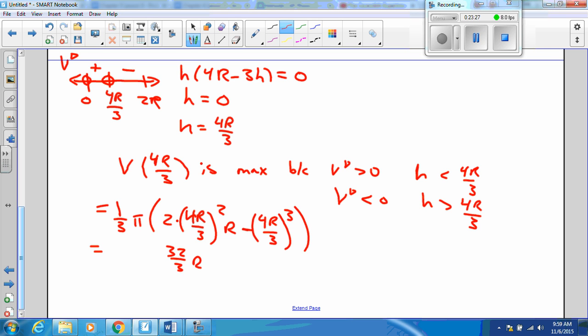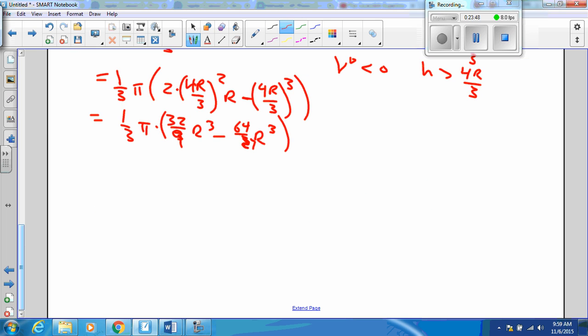That's going to give us 16 times 2 is 32 over 3 r cubed minus 64 over 27 r cubed, over 9, you're right, over 27, times 1/3.